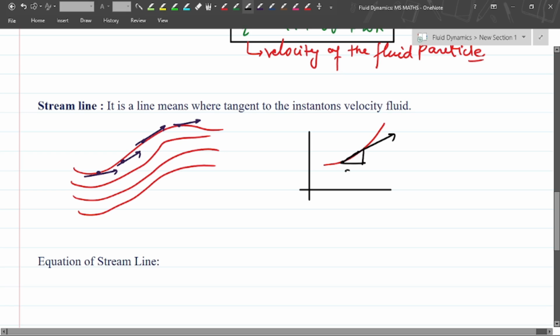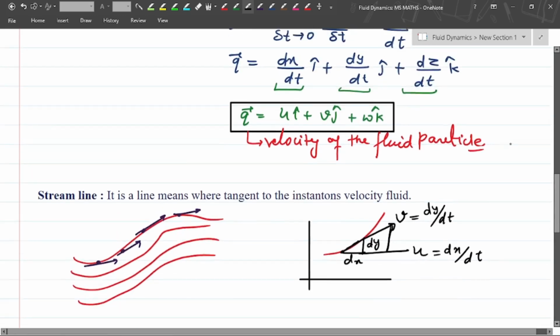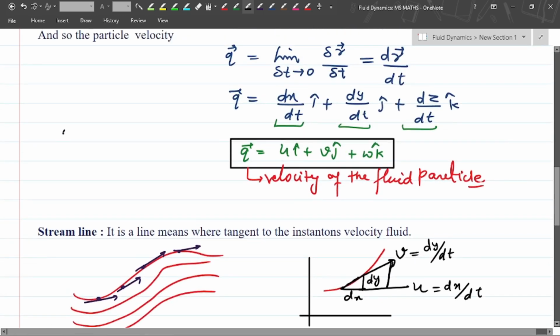So this is dx and this is dy. This direction is v and this direction is u, because v is dy by dt and u is dx by dt. So u is equal to dx by dt, v is equal to dy by dt, and w is equal to dz by dt.